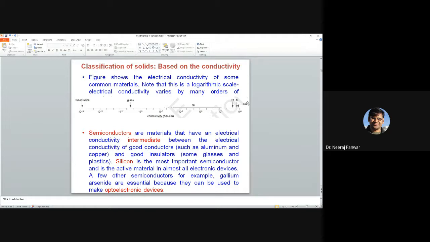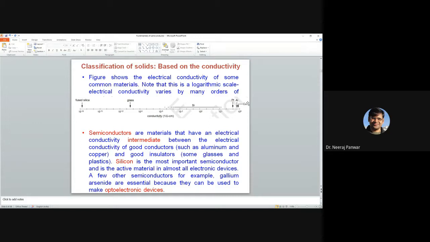The answer is, in the case of conductors, the number of free electrons is fixed. Can anybody tell me what is the order of concentration of electrons in conductors? 10 to the power 28 per meter cube. Yes, 10 to the power 28 per meter cube. It will not change.